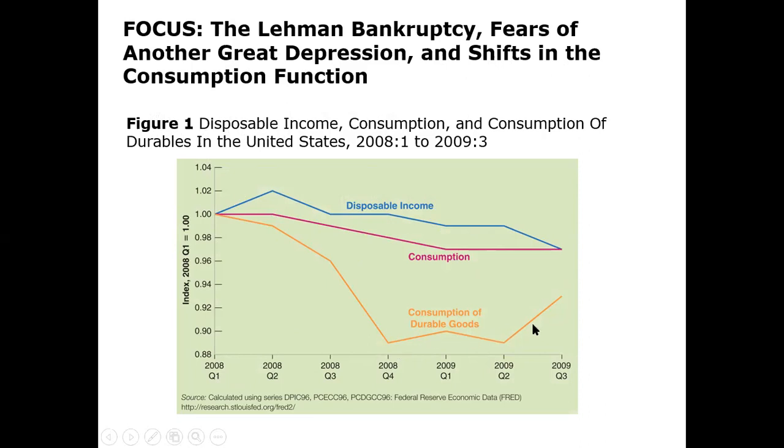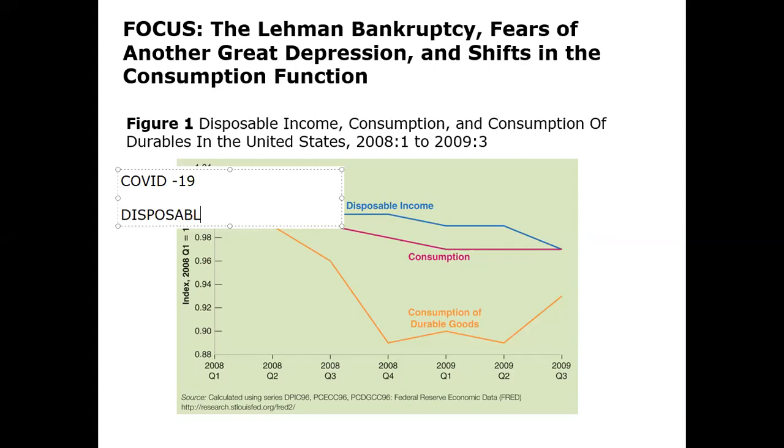So I can ask you, what will be the consequences of the Great Depression? Honestly, I will not ask about the Great Depression. I will ask you, what will be the impact of the COVID-19 pandemic on disposable income?